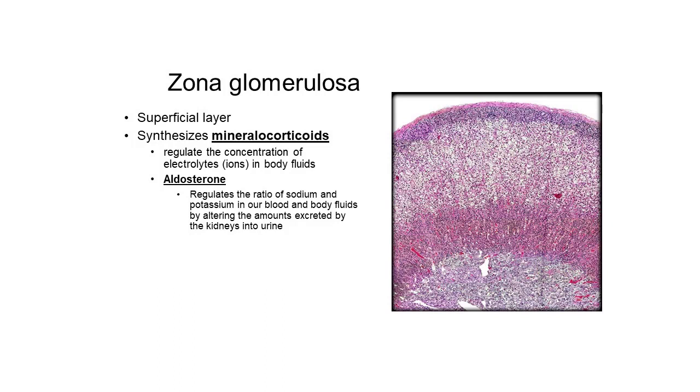Sodium and potassium. You know our friend, the sodium-potassium pump? So it's blood pressure and mineral? Yep, but we're going to get to that in the kidney section. That was a preview. So we're regulating the electrolytes, ions, sodium and potassium, and that's going to cause water to go where we want. Aldosterone, we talked about that earlier.